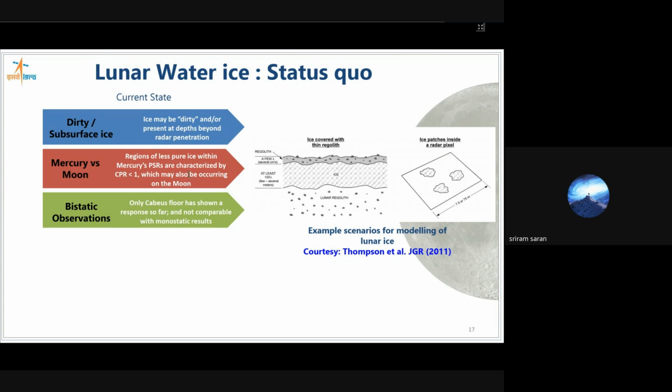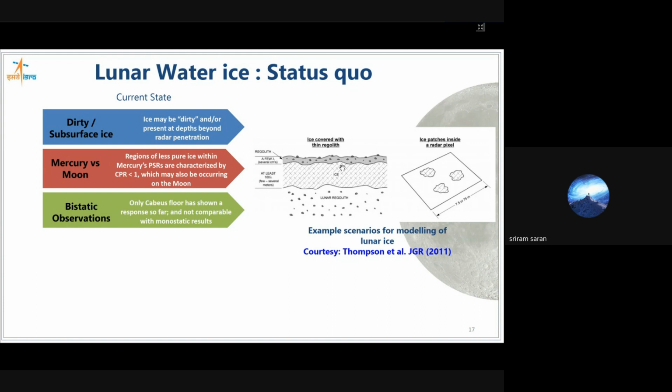So this could also happen on the Moon, but we still don't know. In terms of bistatic observations, only the Cabeus floor has shown a positive response, but somehow it's not comparable with monostatic results.